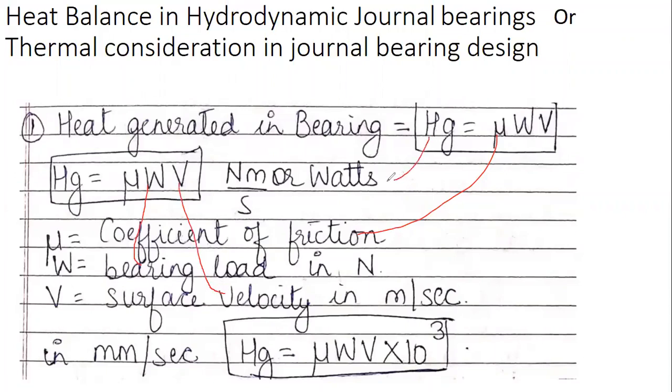So heat generated can be in watts or Newton meter per second. But we don't want the value in meter per second. If we want the value in mm per second, then you have to multiply it by 10 raised to 3. So mu Wv into 10 raised to 3, this much heat will be generated in bearing.